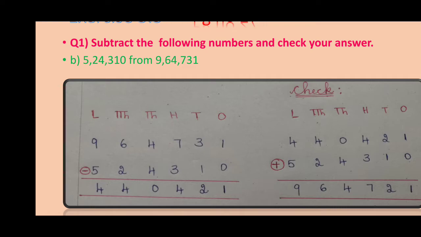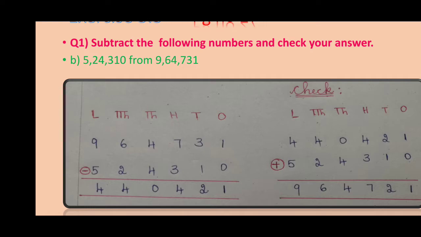Now how do we do the check? First, put the heading with the pencil and then write the place values with the pencil, with half finger space. Then first you have to write the difference. Already we have done the subtraction, right? That difference you have to write as your minuend, first on top, and then you write the subtrahend.